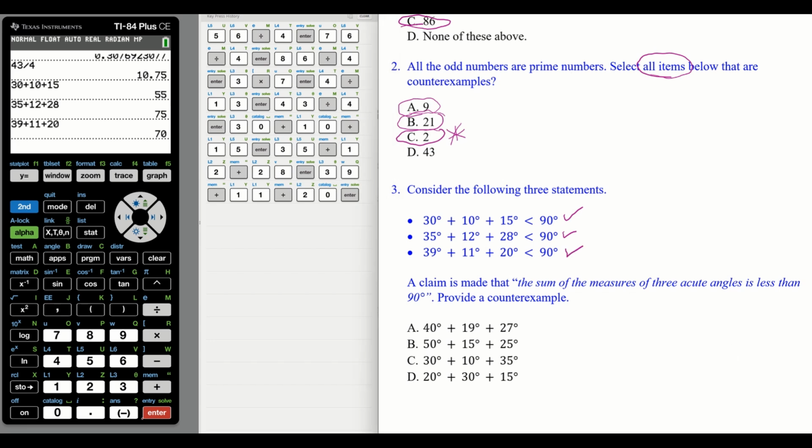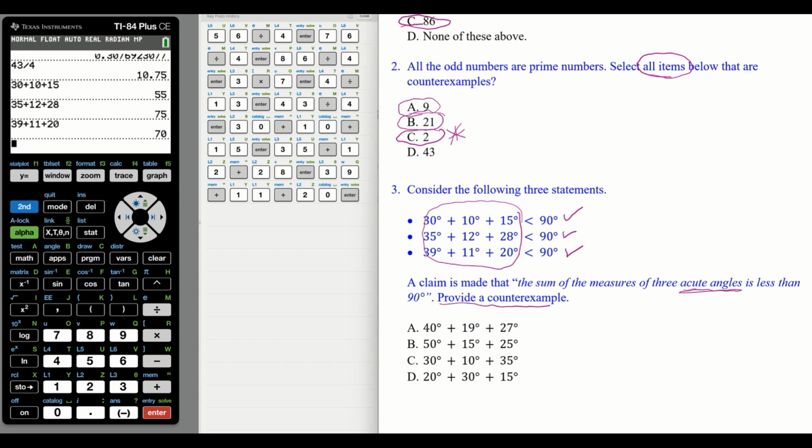A claim is made that the sum of the measures of three acute angles, and yes, all of these are acute angles. What is acute? Acute angles are angles that are less than 90 degrees. All of these are less than 90, and when you add them up, they're less than 90.